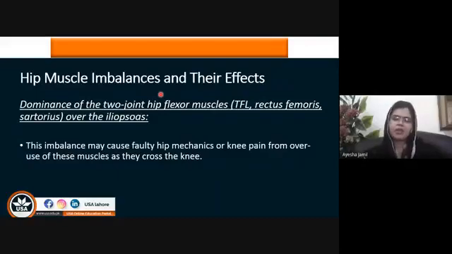But it is usually seen that if the hip flexors, which are two-joint-crossing muscles, are tight, they will override the action of the iliopsoas. There will be compensatory movement at the hip and knee joint, and whenever the knee joint is made into action, there will be a change in the position or the curve of the lumbar spine.